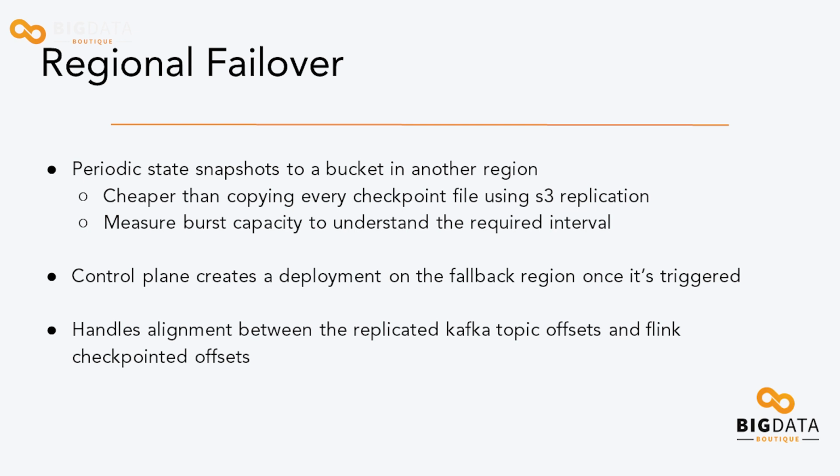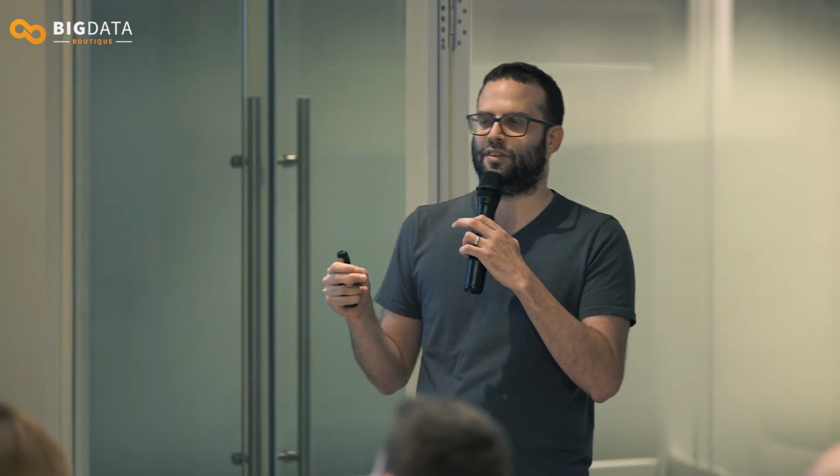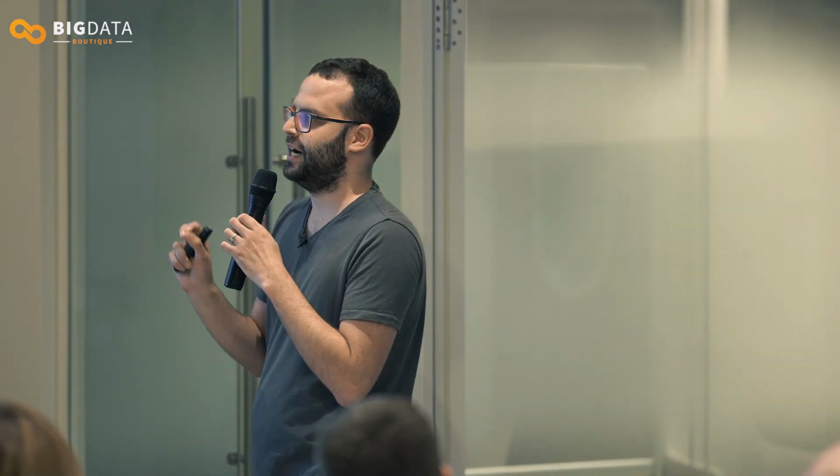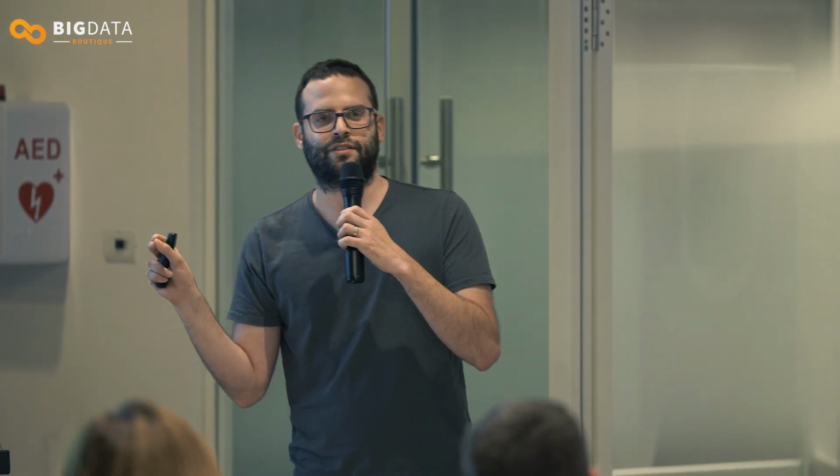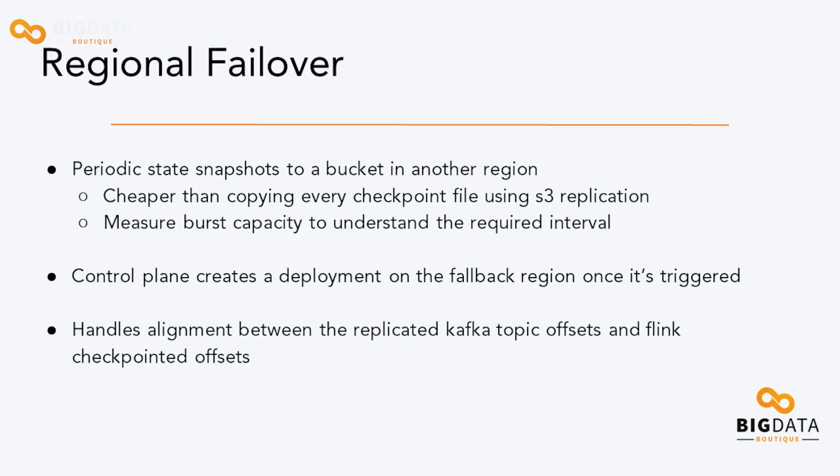And that's not as straightforward as we thought it would be, because we might have taken a savepoint in region 1, but the Kafka offsets were different. Maybe the MirrorMaker replication from Kafka in region A to Kafka in region B did not catch up yet. And we had to do some extra processing before submitting the new job to handle the alignment between the replicated Kafka topic and what we had in the checkpoint.